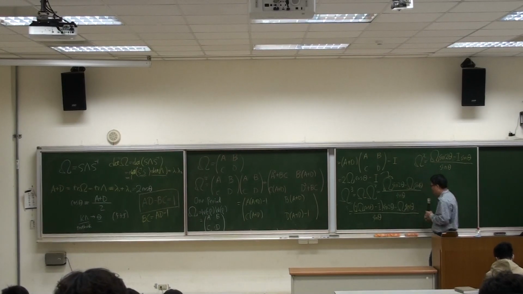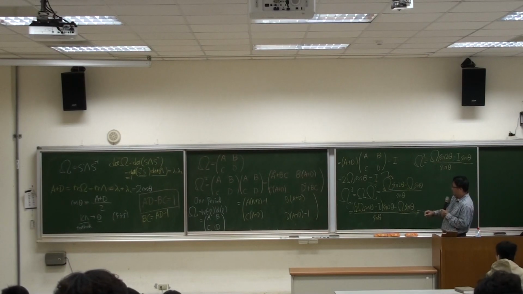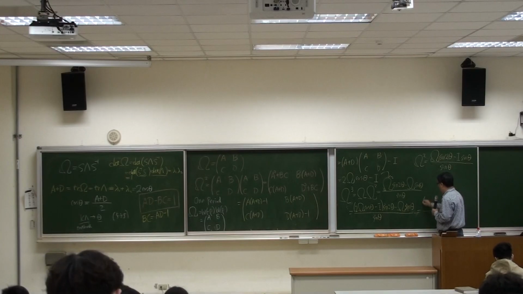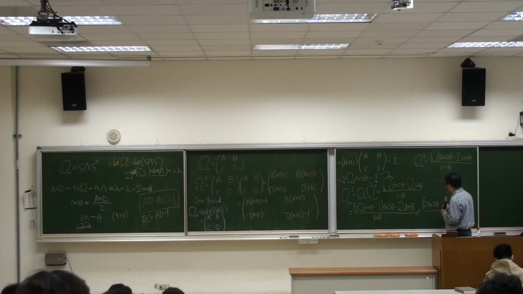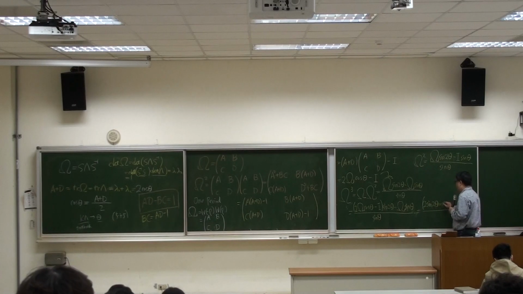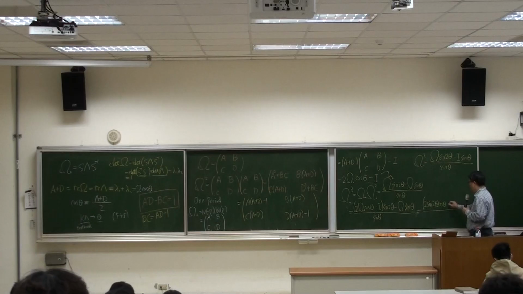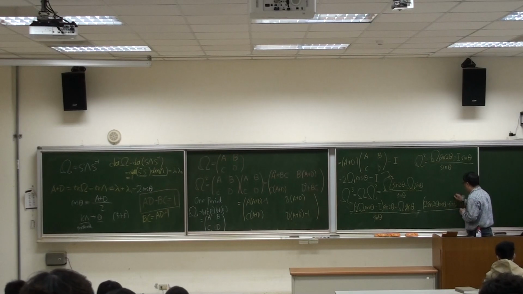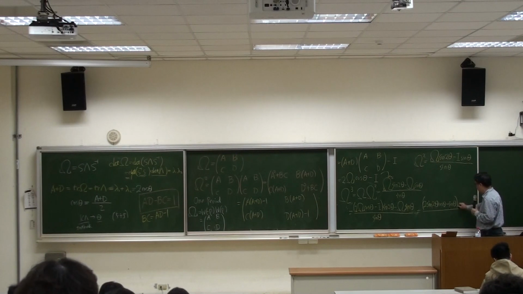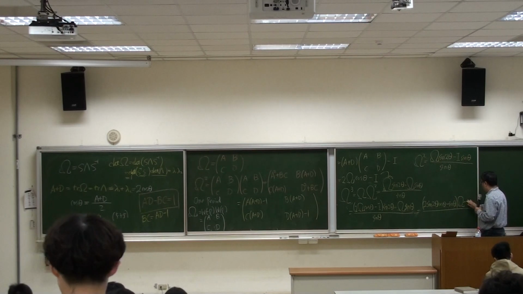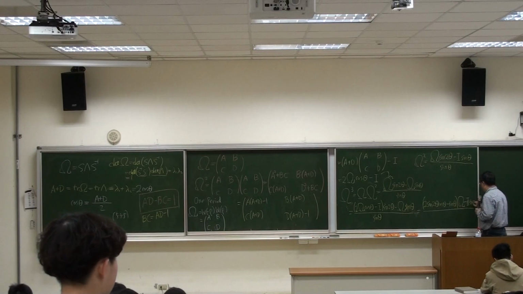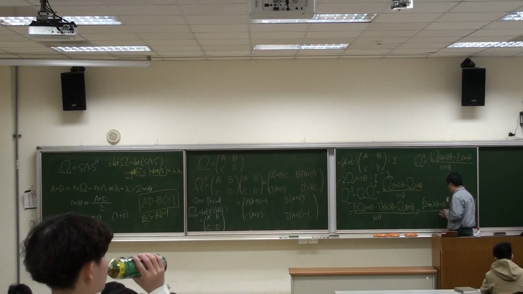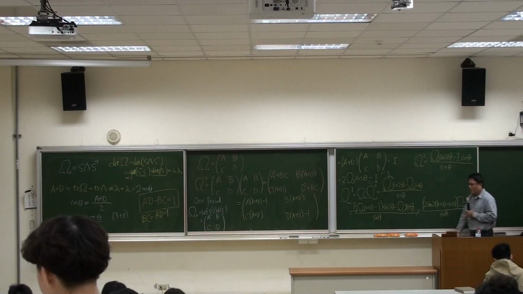And this means that this is 2 sine 2 theta cosine theta minus sine theta times capital omega minus I sine 2 theta over sine theta.